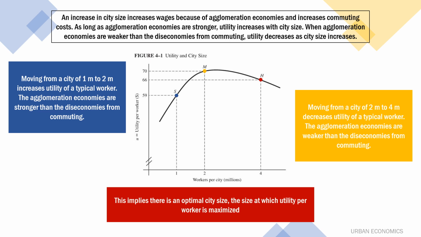However, an increase in the workforce from 2 to 2 million decreases the utility, because the agglomeration economies are weaker than the diseconomies from commuting. And from this figure, we can see that the city's utility curve reached 70 at a workforce of 2 million.